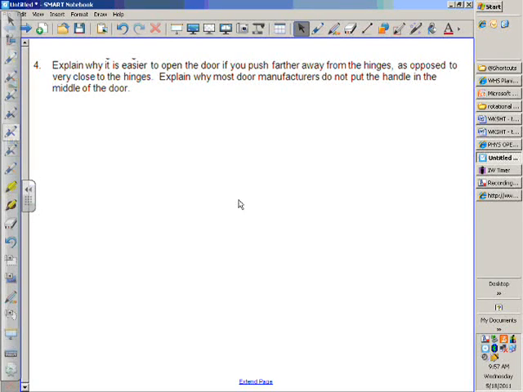This question, number 4, applies to, has anybody ever been to an older house, like houses built in the 70s, where the door handle is right in the middle of the door? Sometimes front doors are like that.